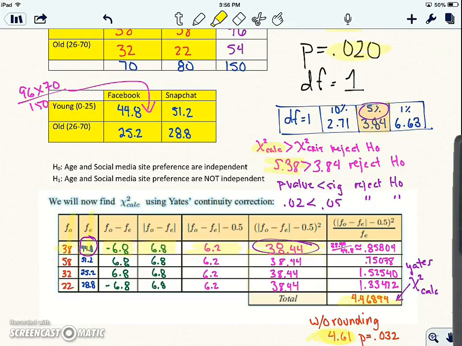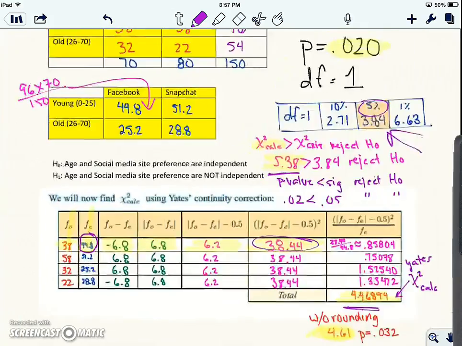In this case, it doesn't actually change whether we would reject or fail to reject, okay, because both of them are bigger than 3.84. I've yet to see one where it changes, but it might, okay, because notice it changed a whole almost 1 point. So if you had just the right set of numbers, it might change whether you accept or reject.